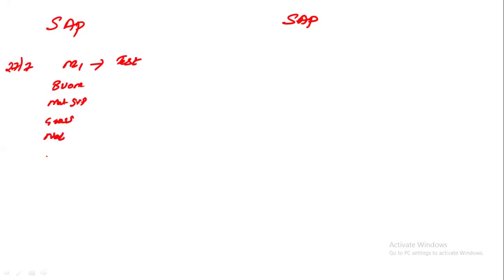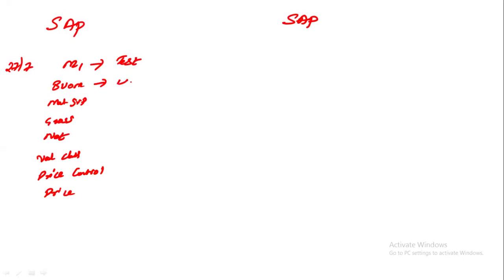So you have one SAP system and you have another SAP system. Today it's the 27th. You are creating a material M1 with the description test. And you also have a lot of information like base unit of measure, material group, gross weight, net weight, valuation class, price control, and price.